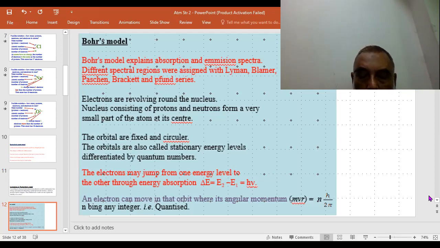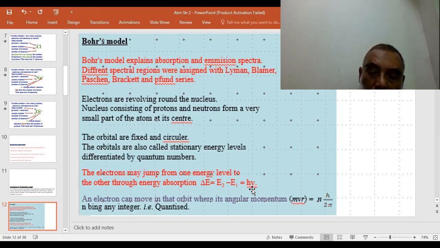which is massively positively charged. And he added that this electron may absorb energy and jump from one level to another level. If delta E energy is absorbed, which is E2 minus E1, then it will be excited, and with this energy, it will go to the upper level.